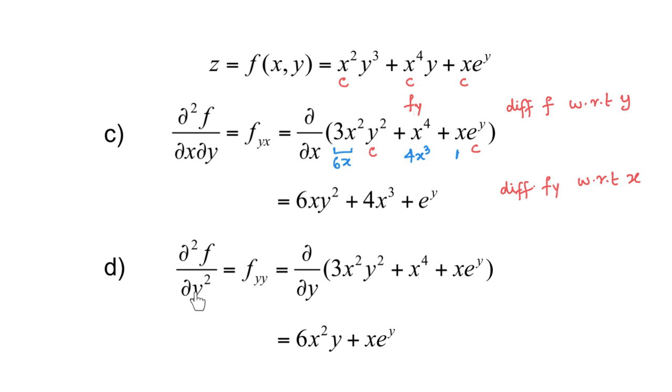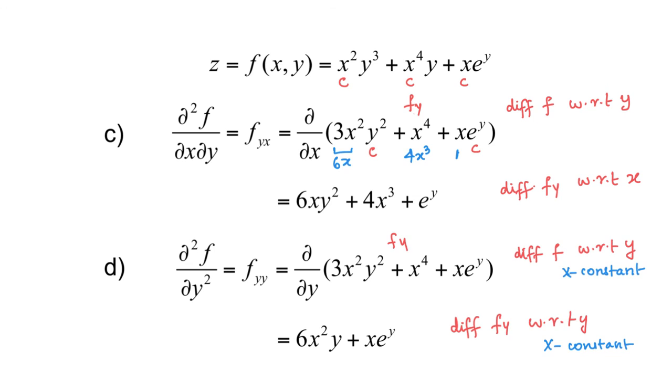Fourth, second order partial derivative is we are differentiating with respect to y first, then again differentiating with respect to y. So differentiating with respect to y, that will be the same thing. Then again we need to differentiate with respect to y. While differentiating with respect to y, we will treat the other variable as constant.